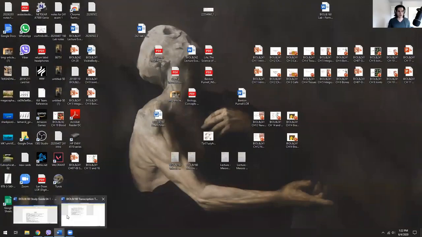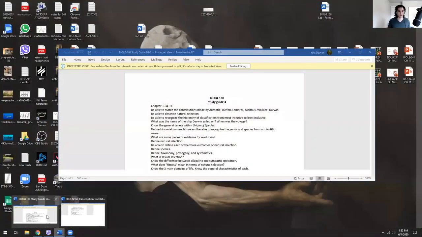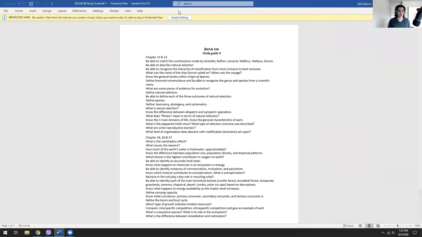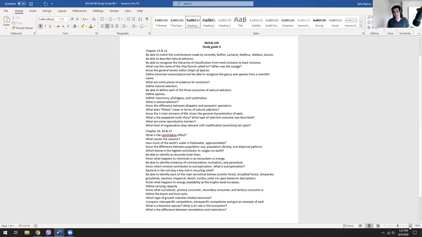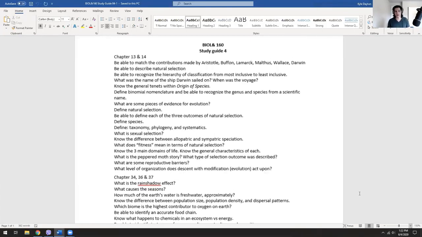Is it this one? Study guide 4. There we go. Let's make this bigger so you guys can see. Be able to match the contributions made by Aristotle, Buffon, Lamarck, Malthus, Wallace, Darwin. I'm probably just going to focus on Darwin because he was the main one who contributed.